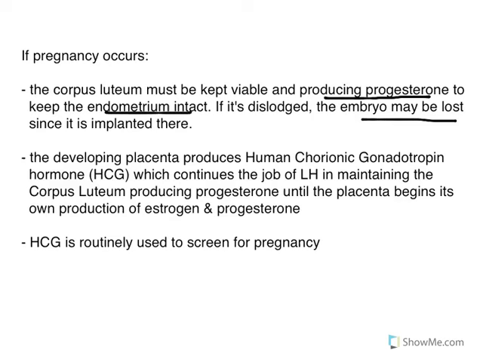So the developing placenta will produce human chorionic gonadotrophic hormone, HCG, and it will continue the job of LH, maintaining the corpus luteum, causing it to continue to produce progesterone until the placenta begins its own production of estrogen and progesterone. This hormone, HCG, is routinely used to screen for pregnancy.